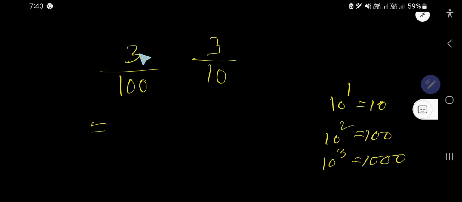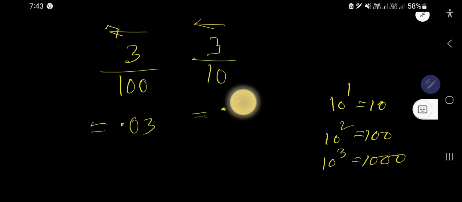Here you have 2 0s, so the decimal point will move to the left 2 digits, right? So 1 digit, then you need to consider this 2nd digit. So 0.03 will be your answer. Here you are getting 1 0, so the decimal point will move 1 digit to the left.